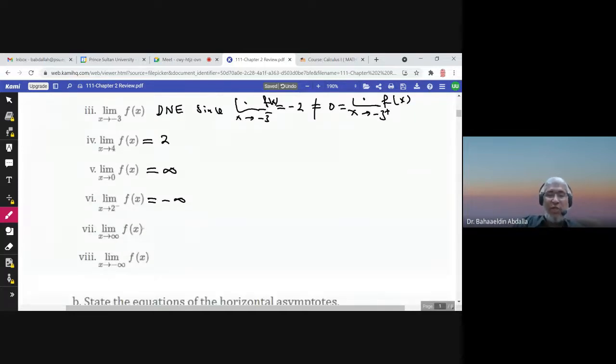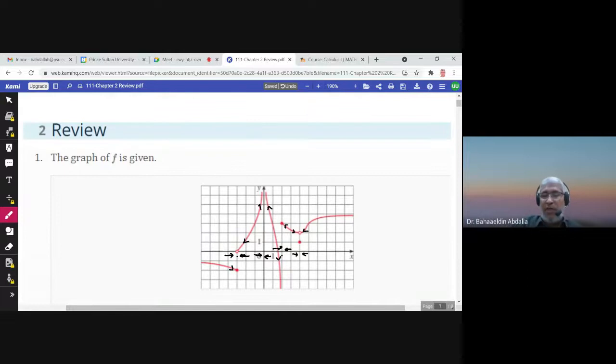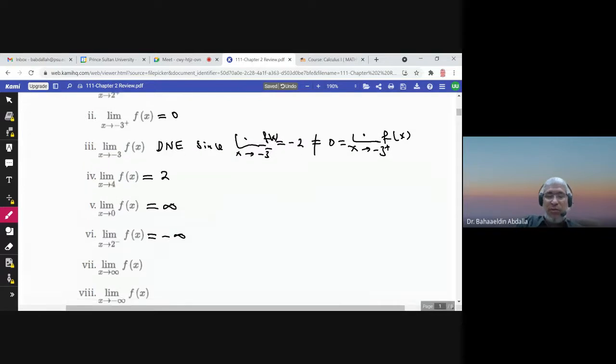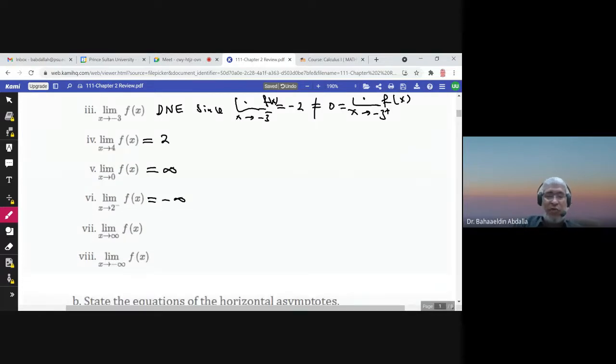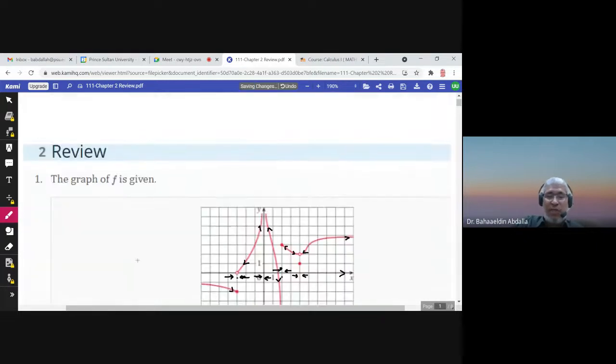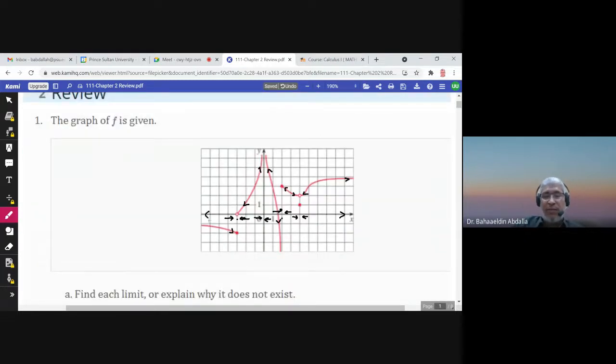What if x approaches infinity? If x approaches infinity, the function approaches this number, which is 1, 2, 3, 4. So f of x approaches 4. And when x approaches negative infinity, the function goes here, approaches negative 1.